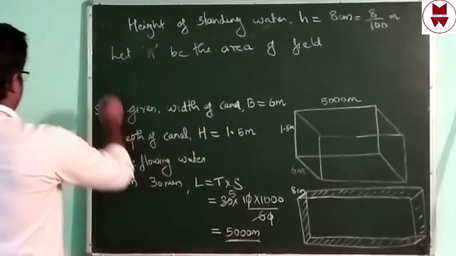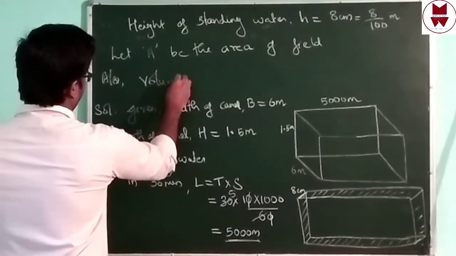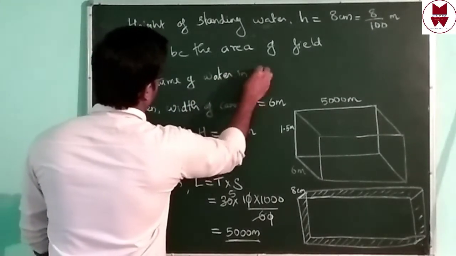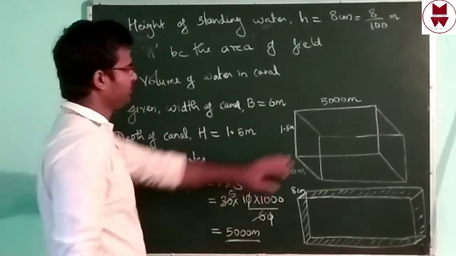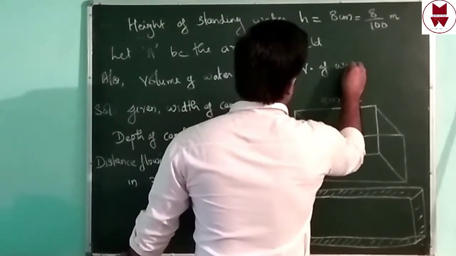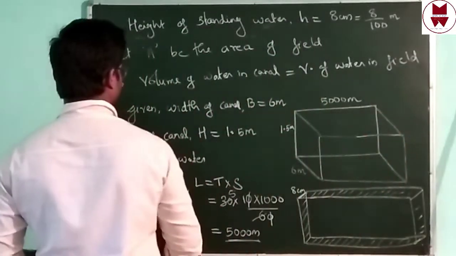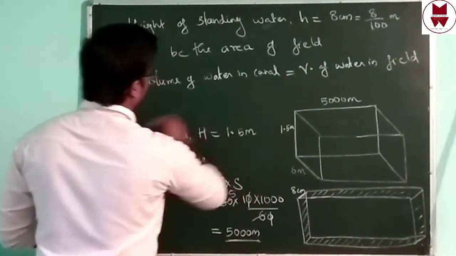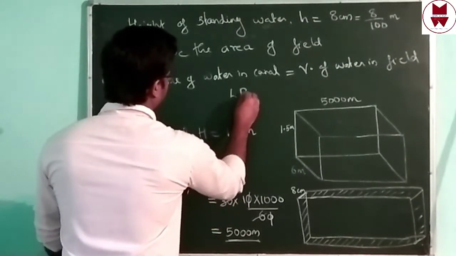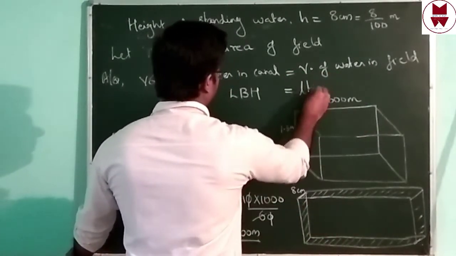Then that condition we can write as per question: volume of water in canal, that is volume of this canal, equal to volume of water in field, both equal. Volume of canal is LBH, equal to volume of water in field, that also cuboidal shape, we can write LBH.